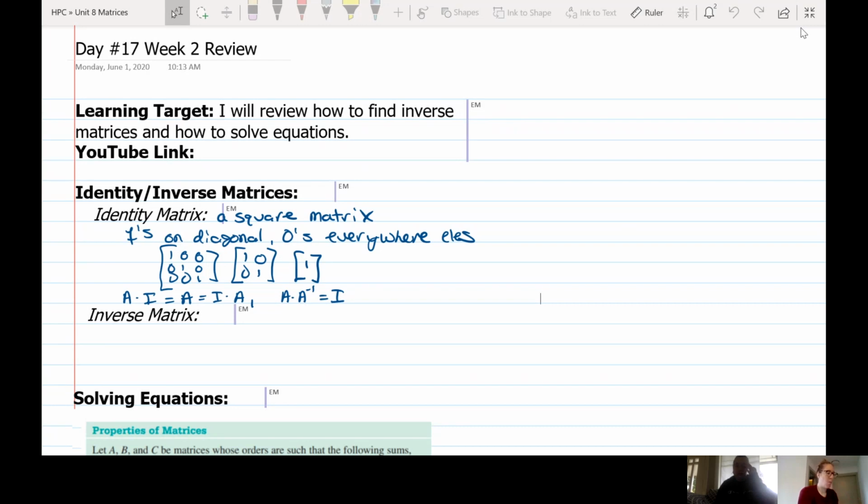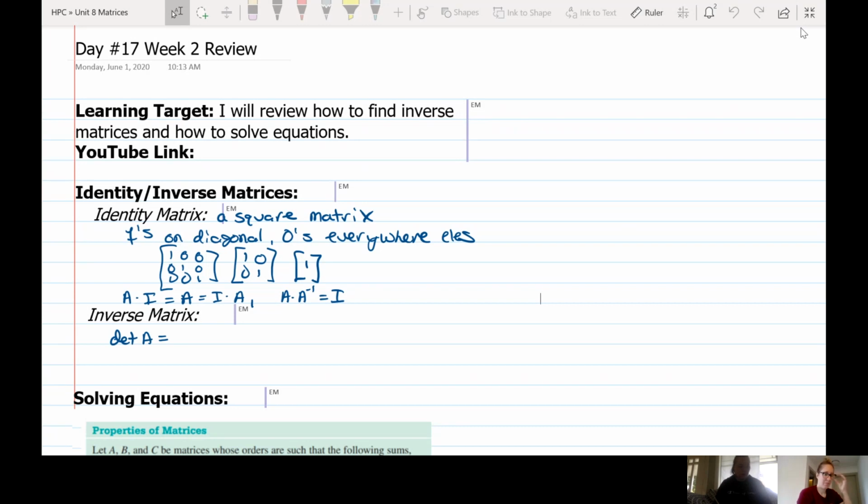Okay, and then the next thing we need to talk about is how to find that inverse matrix so that we can get to the identity matrix. Just remember that we have the determinant of A, or whatever matrix you have, usually denoted DET and then the letter of your matrix.